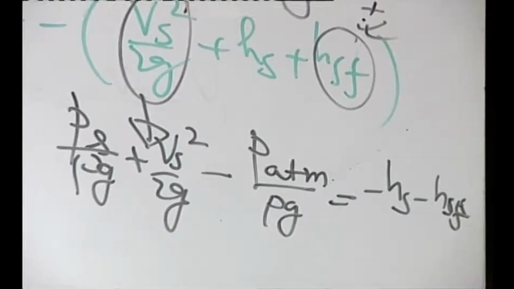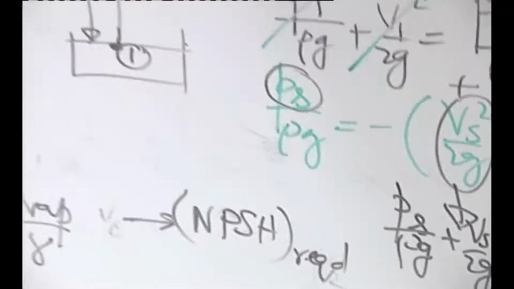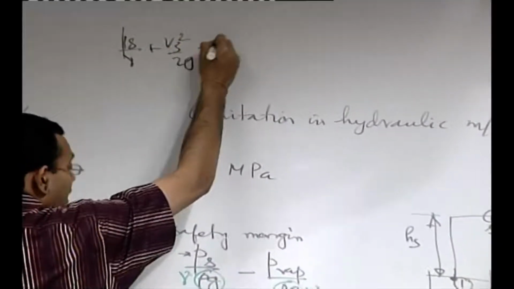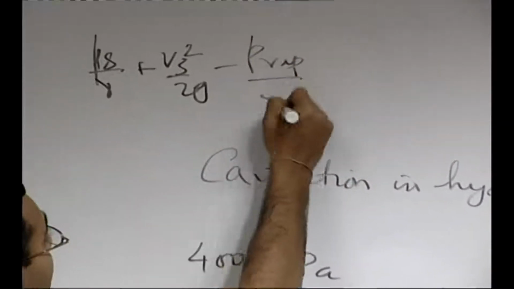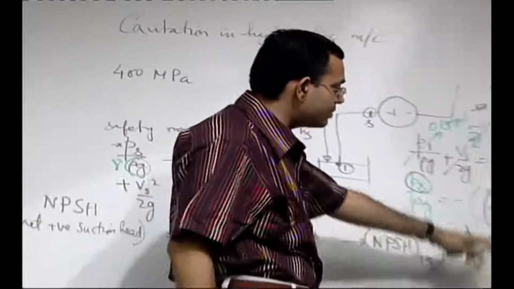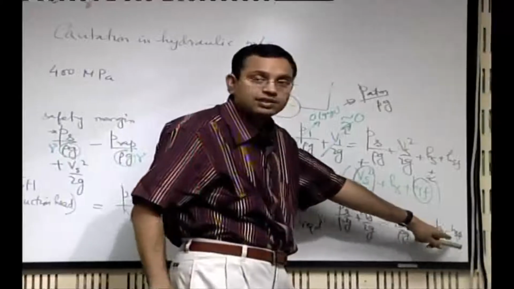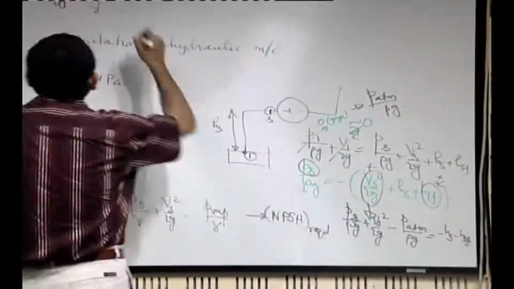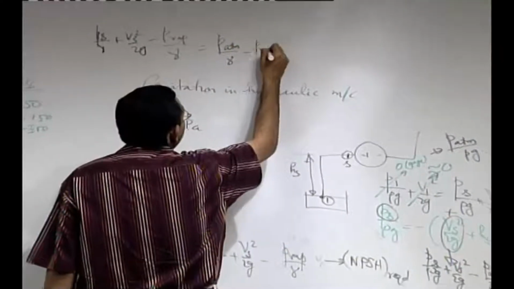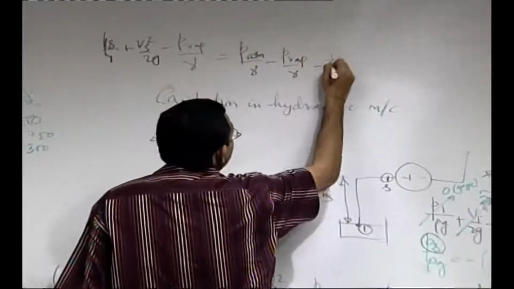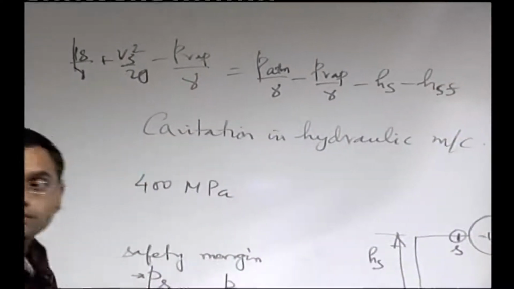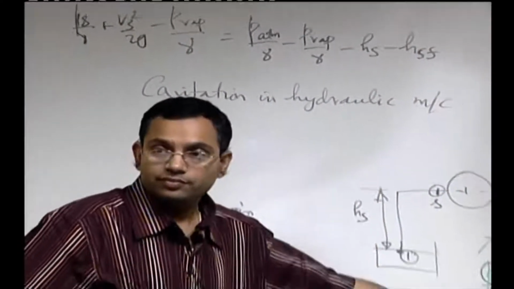So what we want is Ps by gamma plus Vs square by 2g minus P vapor by gamma. So Ps by gamma plus Vs square by 2g is P atmosphere by gamma minus Hs minus Hsf. So this becomes P atmosphere by gamma minus P vapor by gamma minus Hs minus Hsf from this expression.